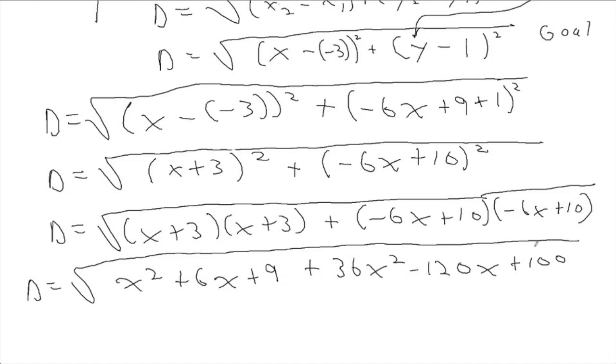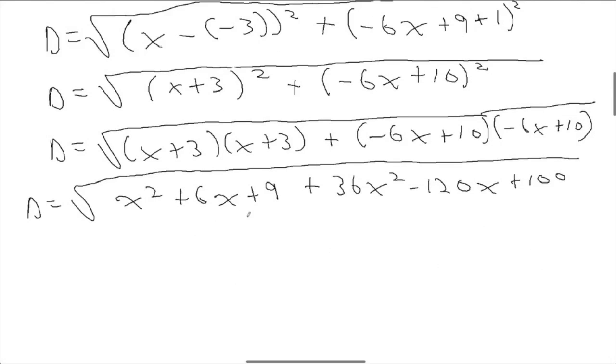Now, do you see why I wanted to simplify before we did the FOIL? Because otherwise, if we had done the FOIL at this point, we'd have all these unnecessary negative signs, and we'd have 3 terms here rather than just 2. So definitely we were better off simplifying what was in the parentheses before we did the FOIL. Okay?